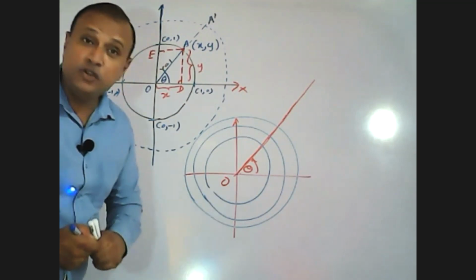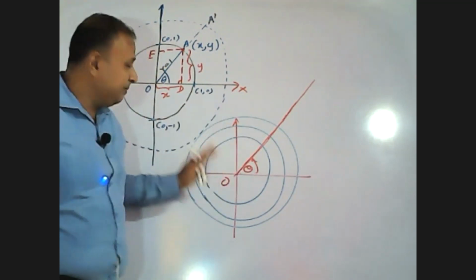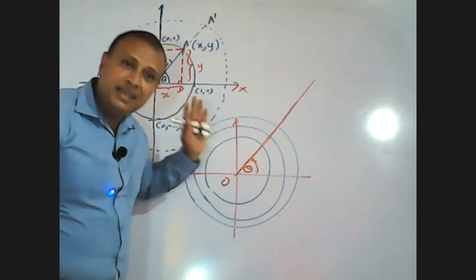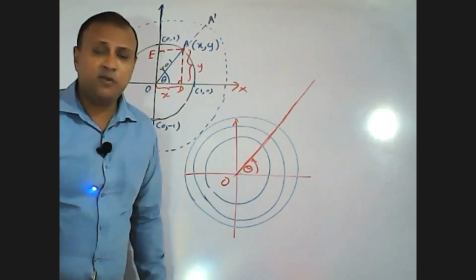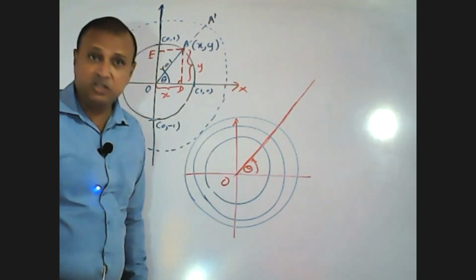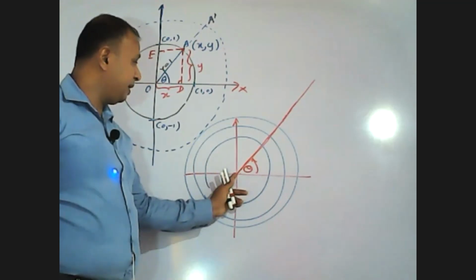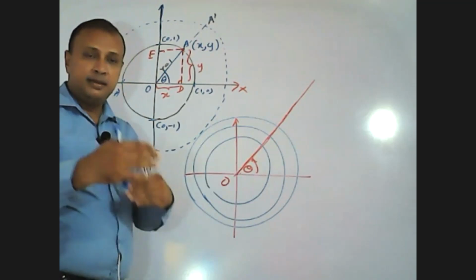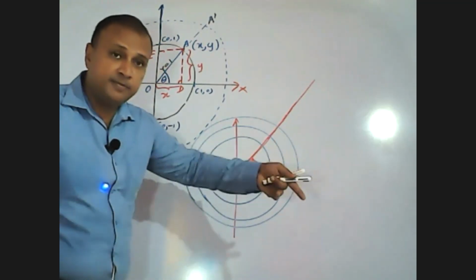So the unit circle, actually, it doesn't matter. You can use any circle, but the definition won't be changed. If you use a circle that has a radius of 2 centimeters, then what would be the definition?